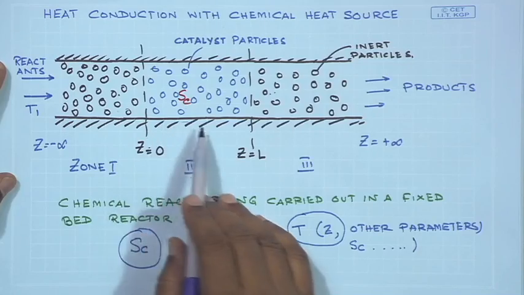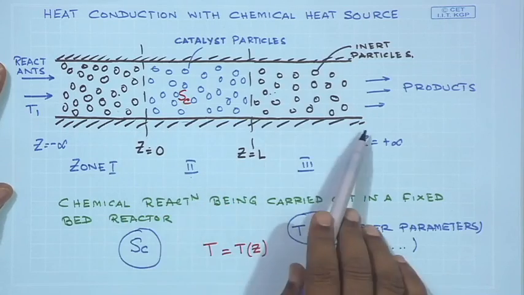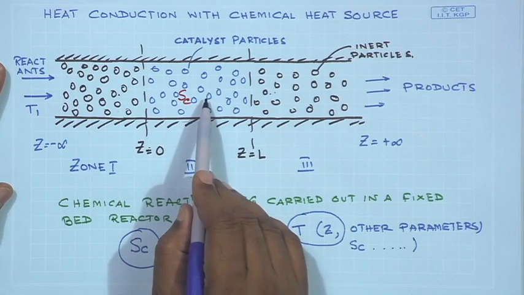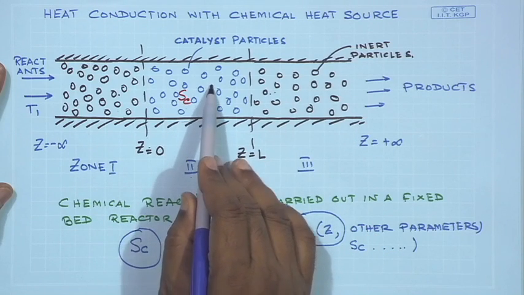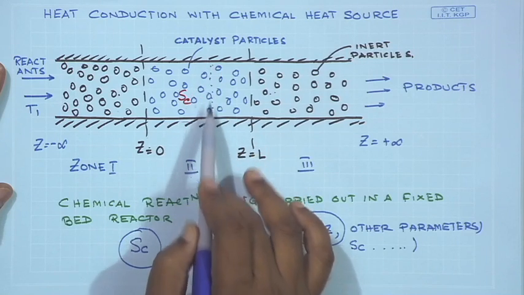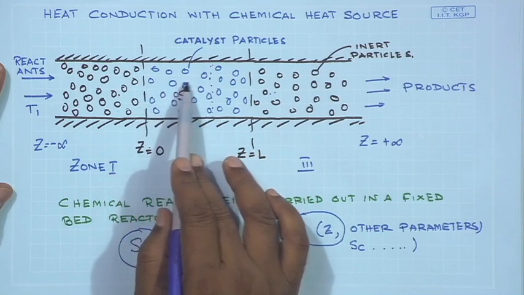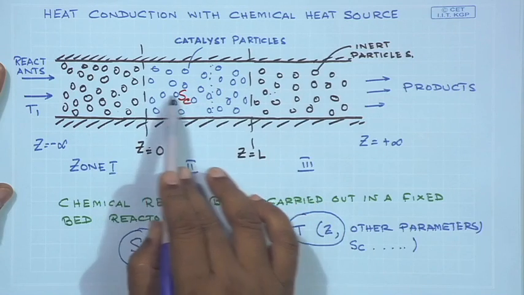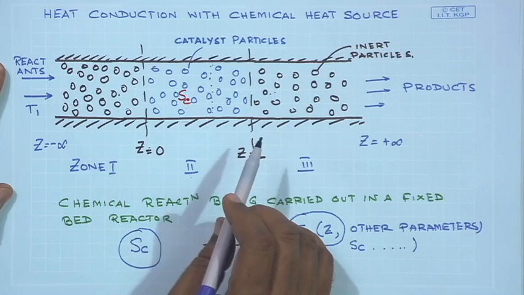So, when we look again at the diagram of the reactor, what we then see is that temperature at any point is not a function of its location with respect to the side walls, but of course, temperature will vary axially as we move in the plus Z direction.